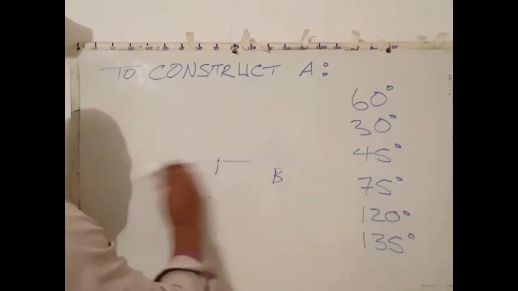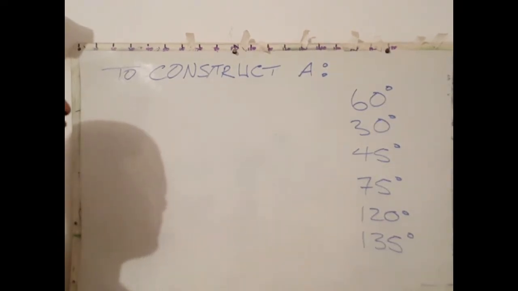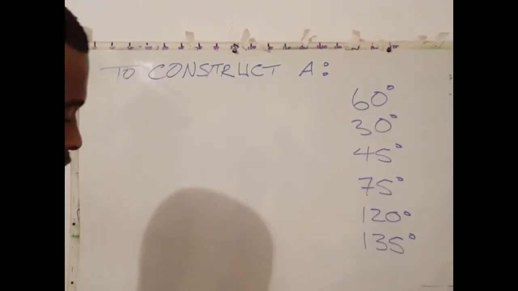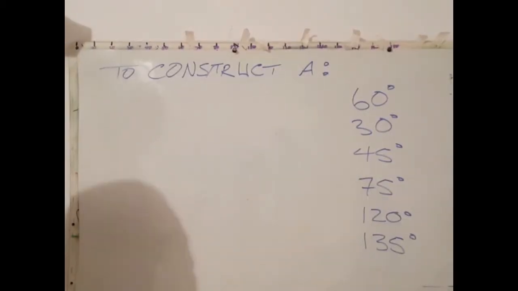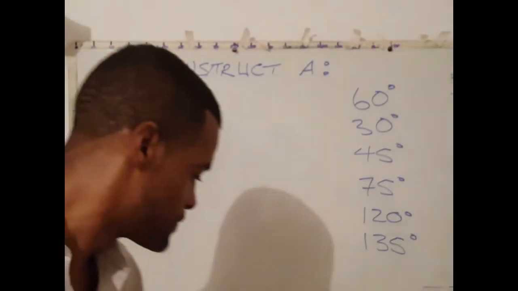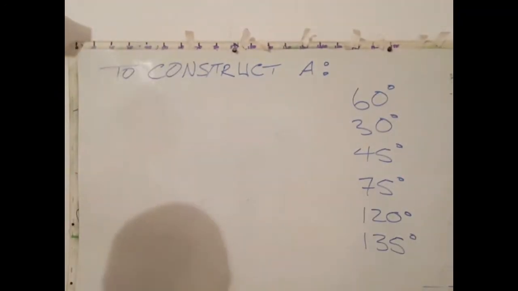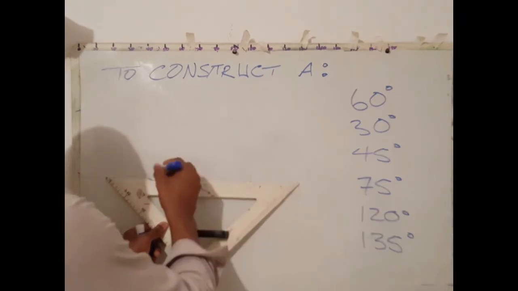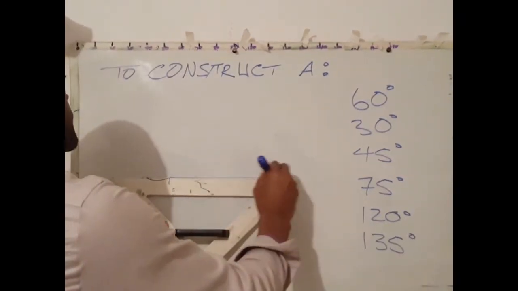Next activity is the construction of a 45-degree angle. This can be done one of two ways. First step is to draw my line.